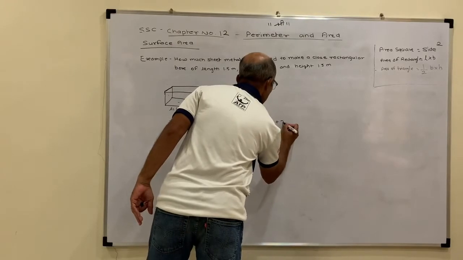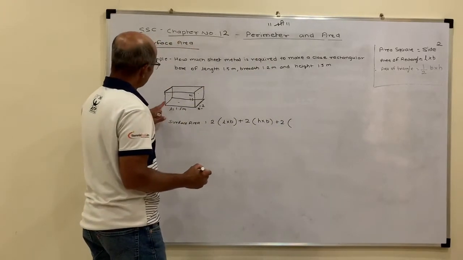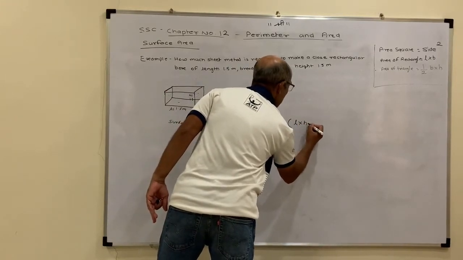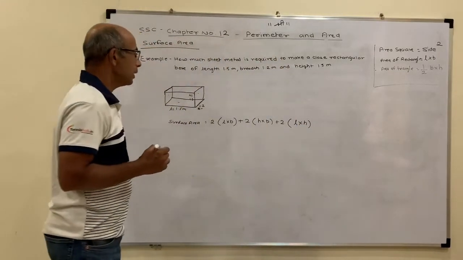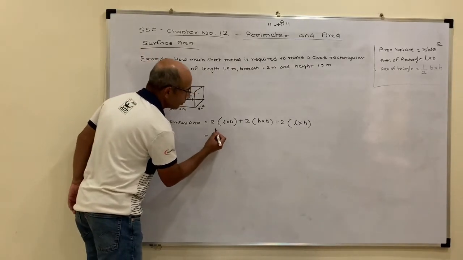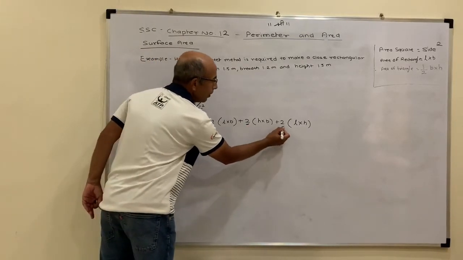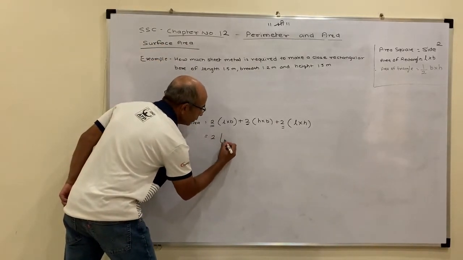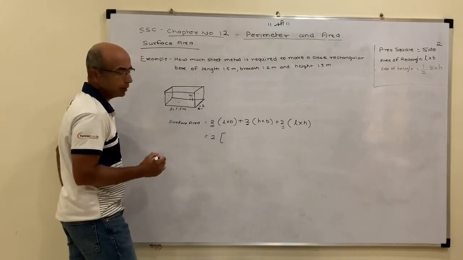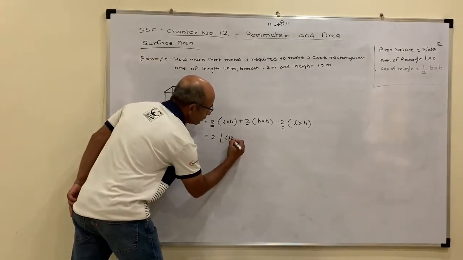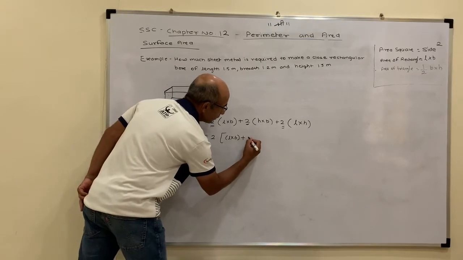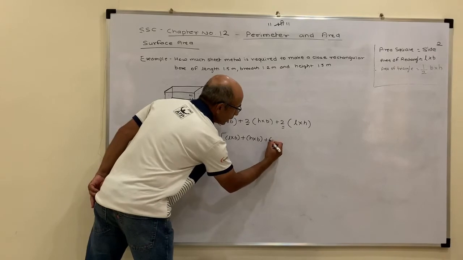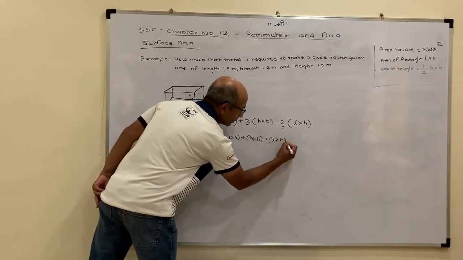So it comes out to be 2 into, the front is length into height. Now if I use the associative property and take 2 as a common factor out, my equation will look like 2 outside, length into breadth plus height into breadth plus length into height.